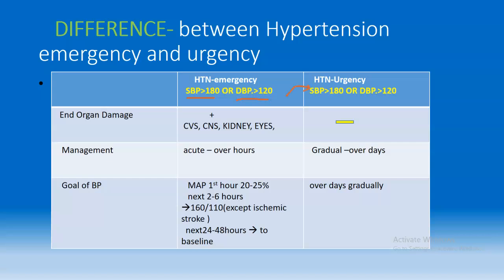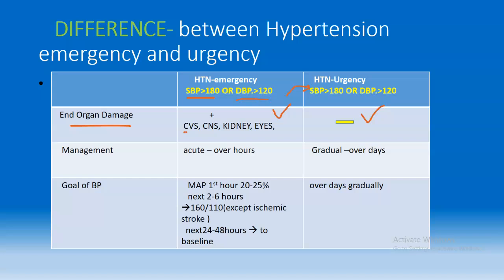So you can label it as either one of them, but the main difference is whether the end organ damage is present or not. If there's any end organ damage, it is hypertensive emergency, and if there is no end organ damage, it's urgency. What do we mean by end organ damage?